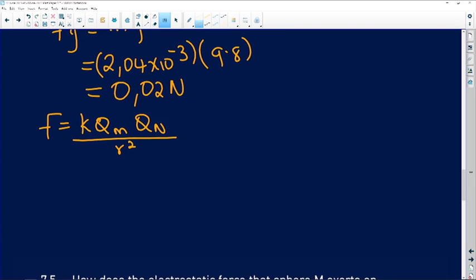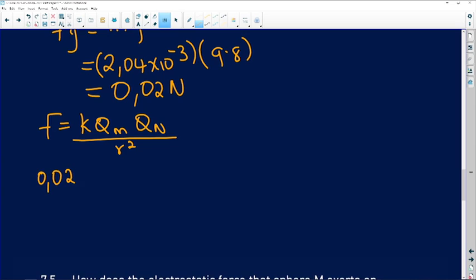Okay, so now we must equate Fg because we know our force already. So this side, what do we have?